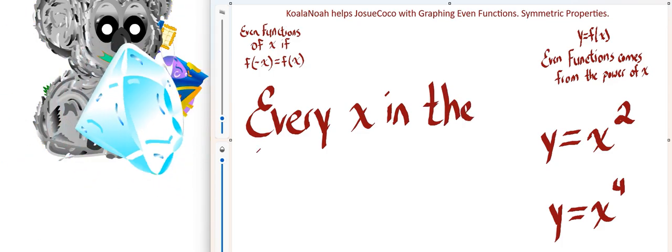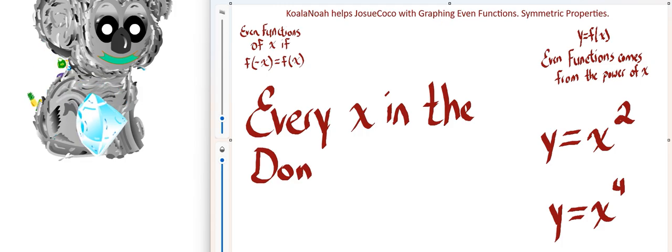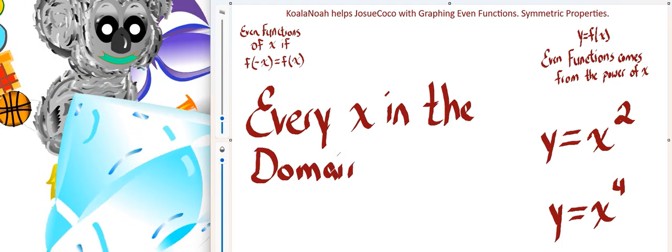And this shortcut is going to apply to every x in the domain.